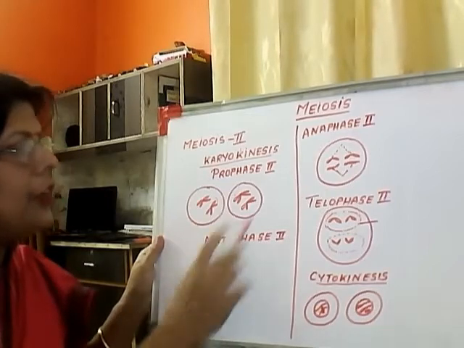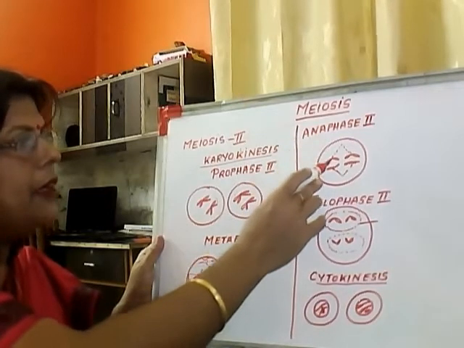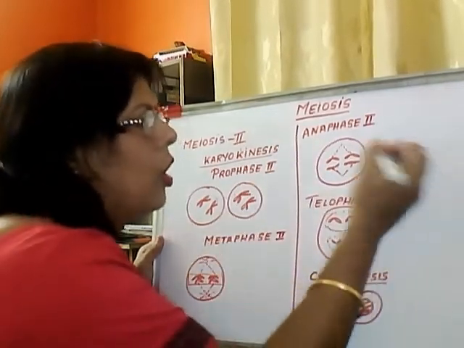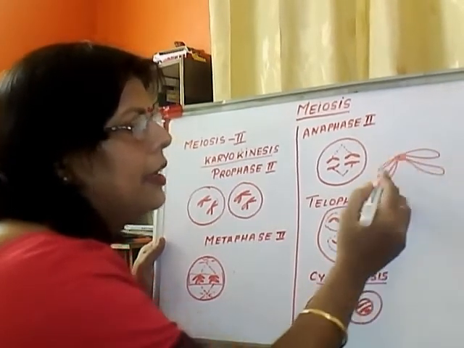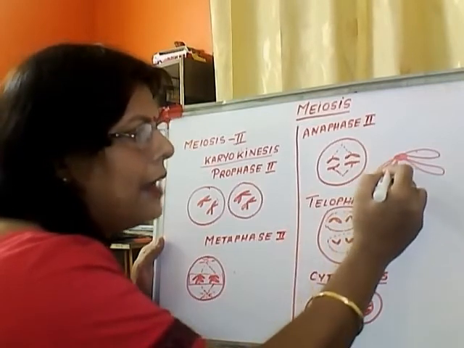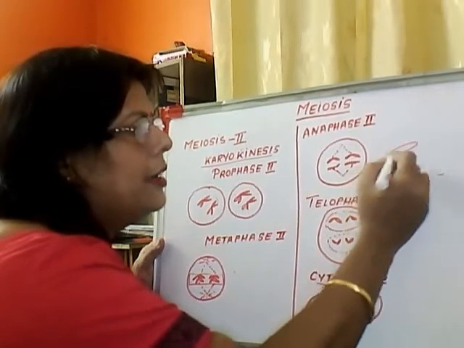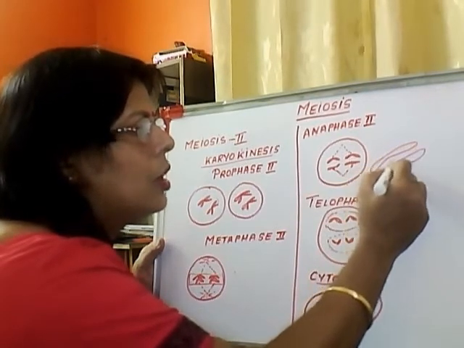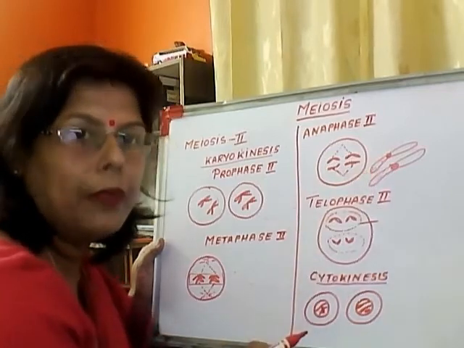Now after metaphase 2, the next phase is anaphase. So here what happened? The splitting, you all know already. The chromosome has this centromere, and this centromere splits. After splitting, they have 2 daughter chromosomes, each of them having one chromatid.